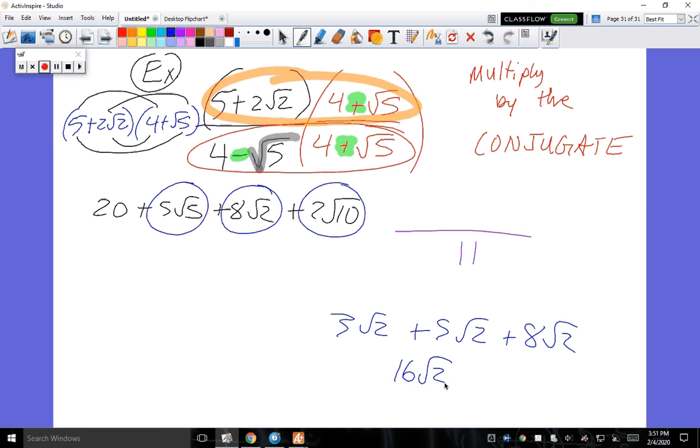It's the same radical. It's like saying 3 pencils plus 5 pencils plus 8 pencils will give me 16 pencils. You with me? It's like fractions. So, none of these are the same. They're all over 11.